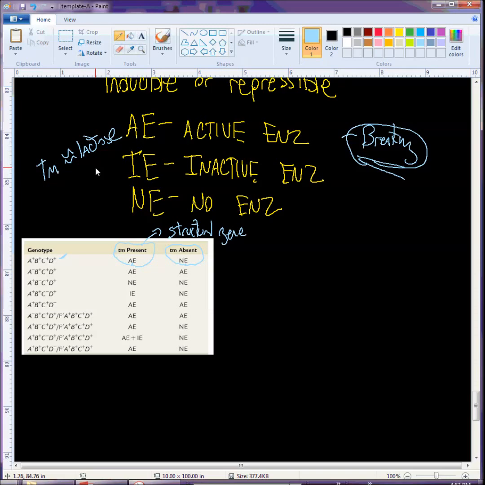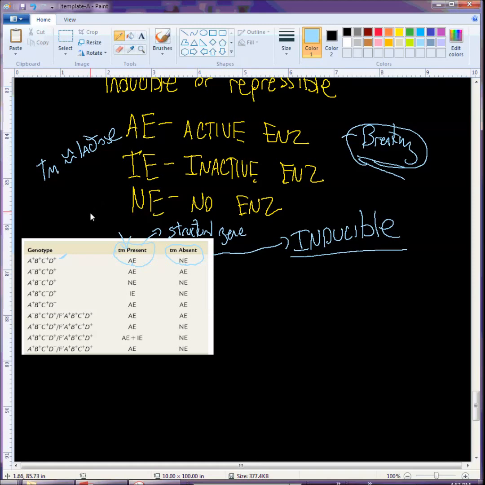Okay, so the molecule is present. The structural gene is transcribed and is active. So we are going to assume that the operon is inducible, like the lac operon. If it was repressible, like the trp operon, when trp is present, the structural genes are not made.